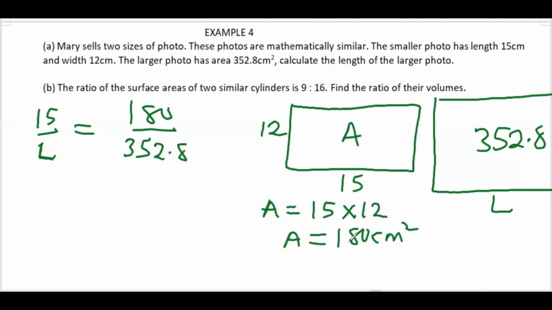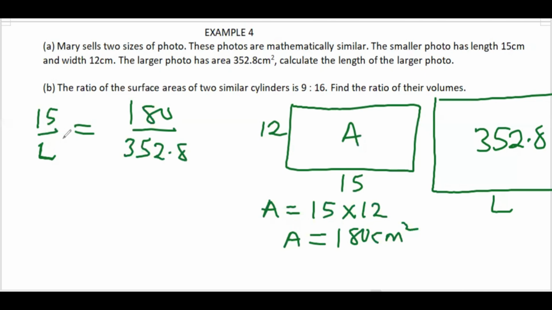ratio 352.8. But I told us in example 1 that the unit for the area is centimeter squared, but the unit for the length is just centimeter. To confirm their units, we need to do something like centimeter times centimeter, which takes the form of squaring the two of these.